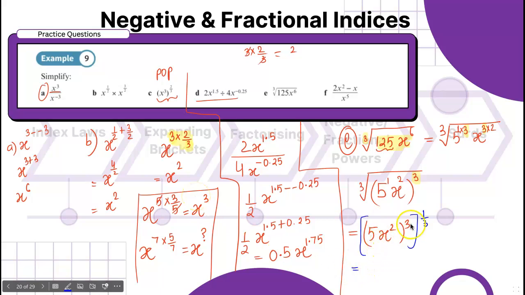Right, a few seconds ago, I told you that if you have this concept, 5 times 3/5 is going to give you the numerator part only, like 3. So 3 times 1/3, what will it give?